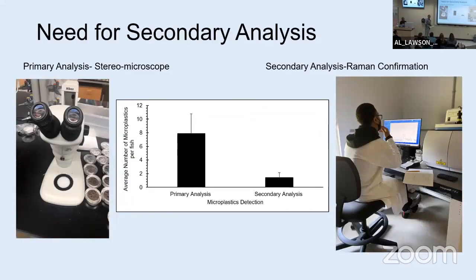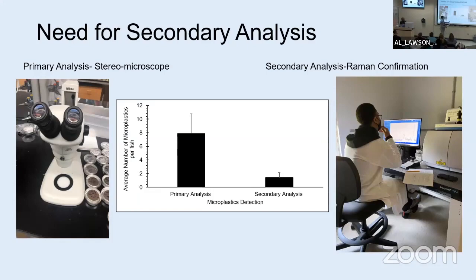So the present study gave us a unique opportunity to compare primary microscopic identification or visual identification of microplastics versus secondary analysis of getting a sense of the chemical composition of the sample in question. So there was a mean difference of 6.46 plus or minus 2.16 microplastics between these 2 sets of analysis.